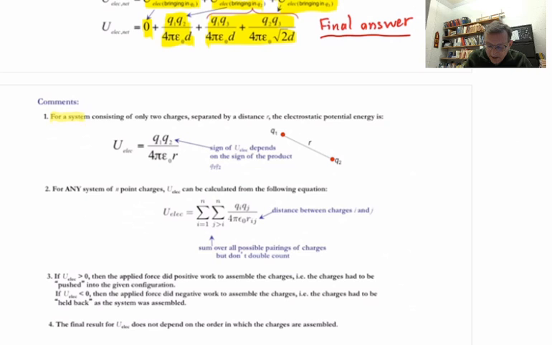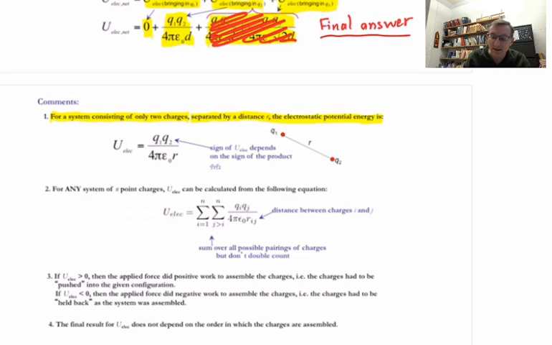Suppose my system consists of only 2 particles. Charge 1, Q1, charge 2, Q2, separated by a distance r. What's the electrostatic potential energy in that case? Well, all you really got to do is go up to my answer up above and throw out all that stuff that had to do with particle 3, because there isn't any particle 3.